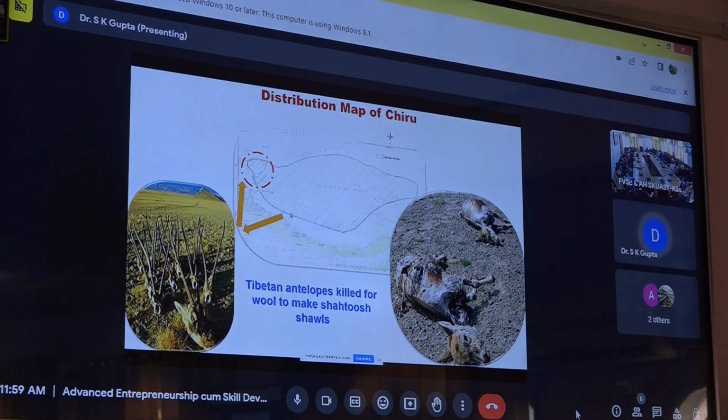As well as when the chiru hair is being sold to India, they don't carry back the money, because an Indian wildlife article has a much higher price in their territory than money.